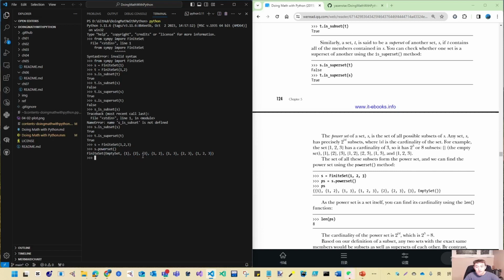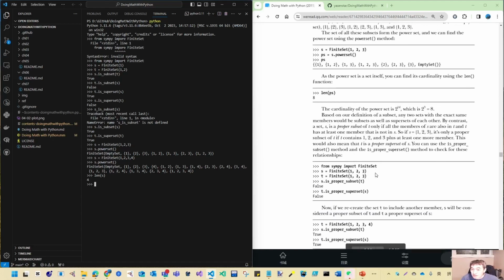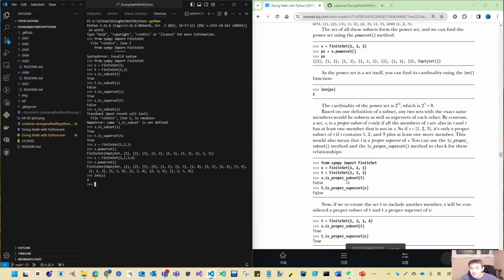If I put more elements, you will get a longer result, because there are more combinations. And len(S), you remember, we should have distinct elements. So that is 4 distinct elements.